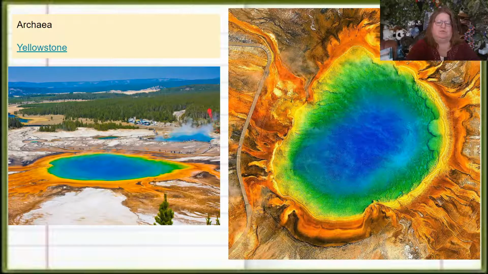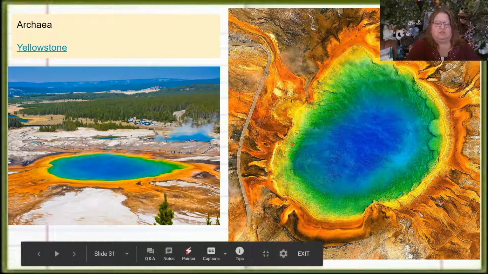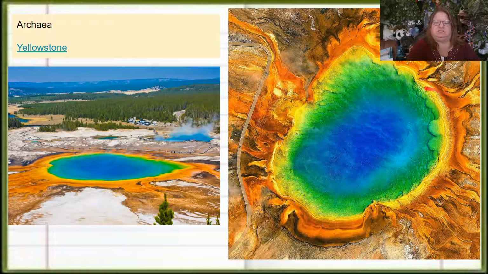One of the most beautiful examples would be the Grand Prismatic Hot Spring in Yellowstone. All of these different colors represent different species of archaea that are existing and growing in different temperature layers in this hot spring. The dark blue would be the hottest, and where we don't see yet any thermophiles.